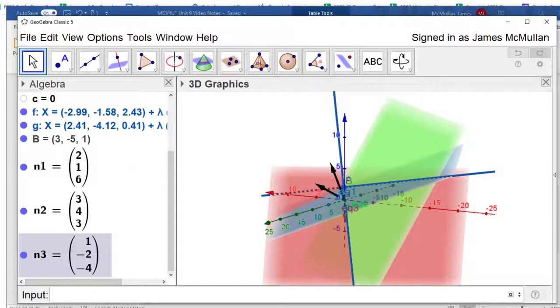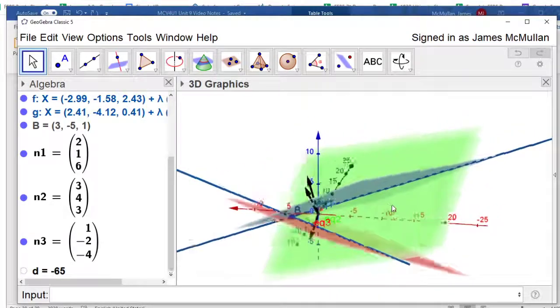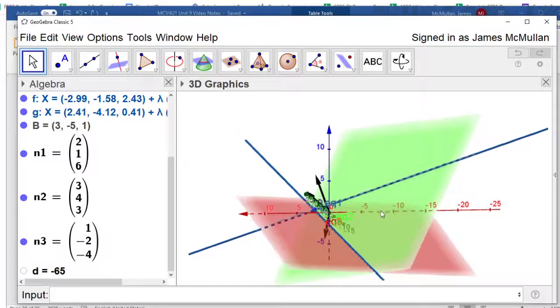Okay, and then let's do the coplanar test. The coplanar test is dot n1 with cross n2, n3. And you see that their triple scalar product is not 0, and therefore they do not lie on the same plane, which you can kind of see from looking at it as well. So they're not coplanar.